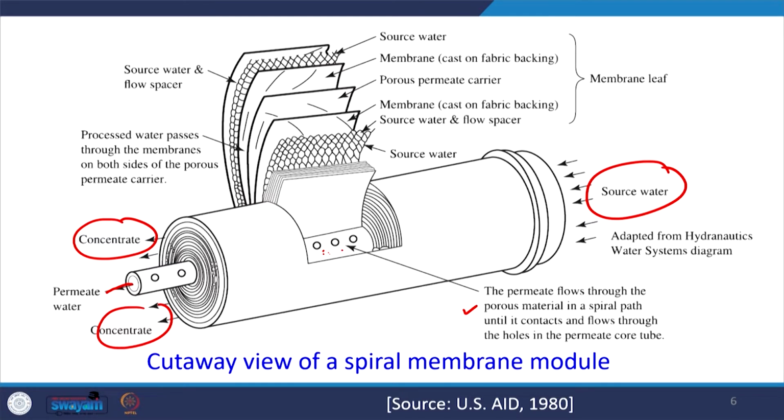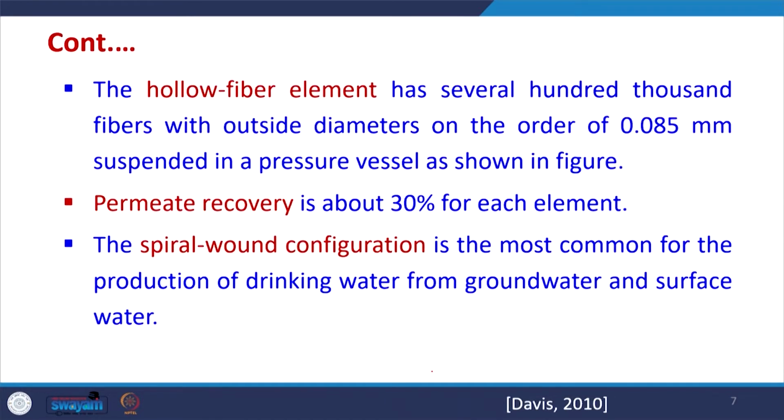There are different sections you can see here: the source water, the membrane cast on the fabric backing, and then the porous permeate carrier. So, there are different sections within the spiral membrane module. We can understand a little better if we can actually see a membrane module nearby, in the place where we live or in an industry, as these are very common modules.